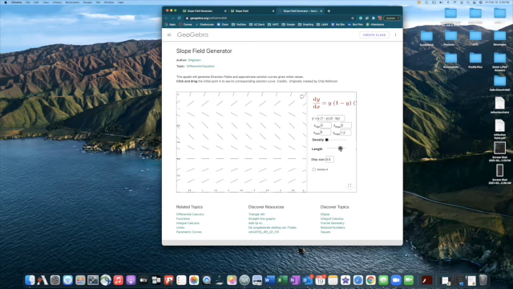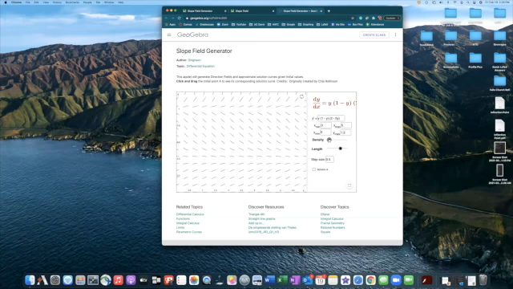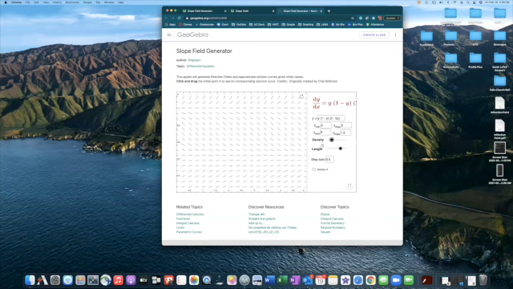So I feel like this is pretty great as well, personally. I think this is probably the nicest of them. The only downside to this one is you don't have the functionality of being able to plot another graph on top of it, which is too bad because that would be really lovely. But here's the link to that one as well.